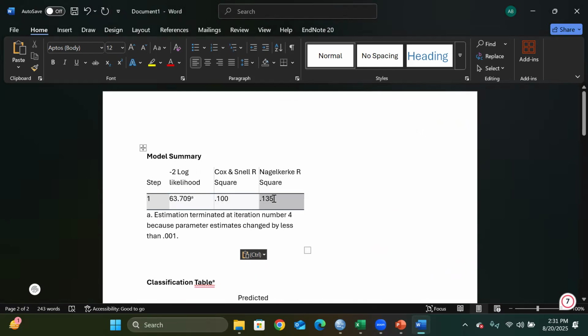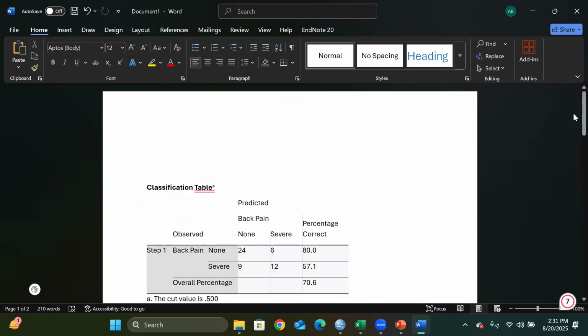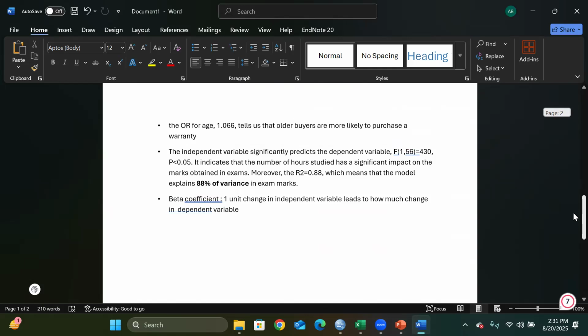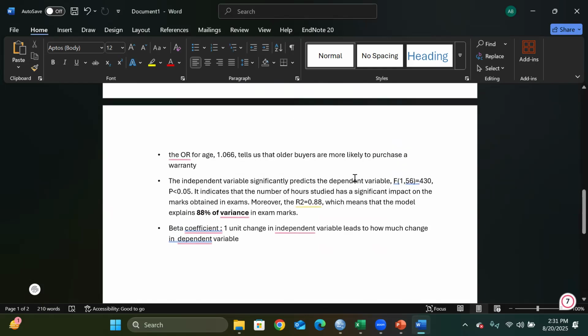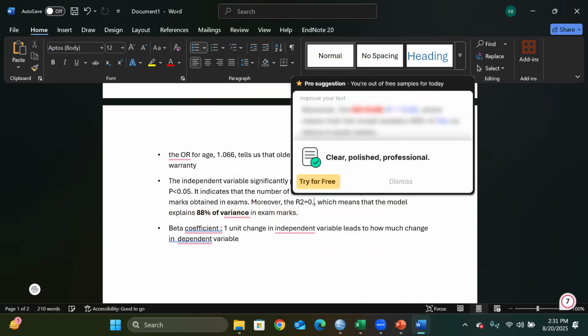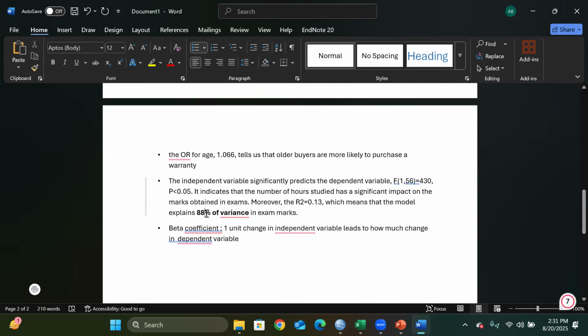This is important to us because it shows that the independent variable predicts the dependent variable, and it indicates 0.135, which means that the model explains 13.5% variance in pain in joints.